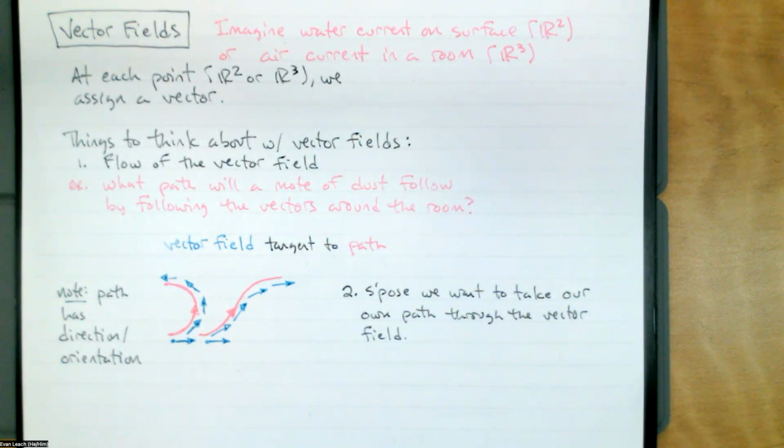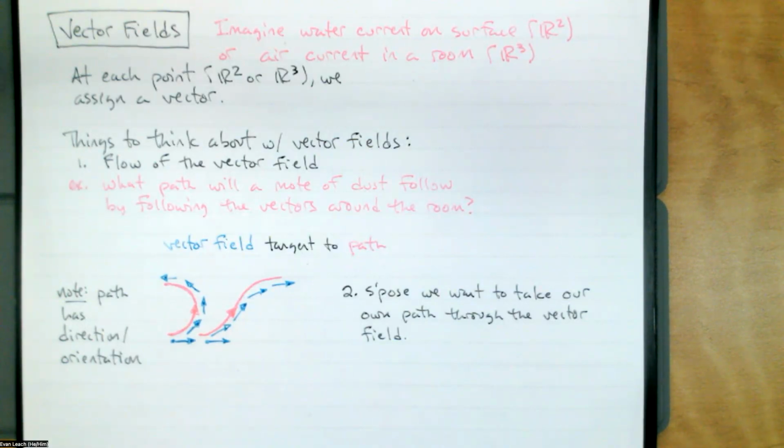Is there a tailwind or is there a headwind? Or is the wind coming at us as a headwind, but not directly into my path, kind of at an angle? Or there's a tailwind, but it's not directly behind me. It's coming in at an angle.